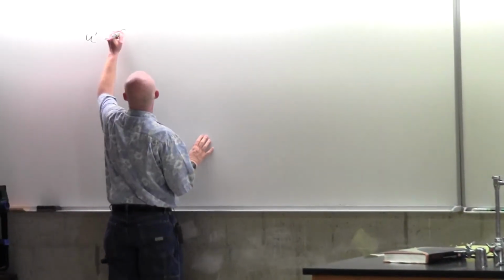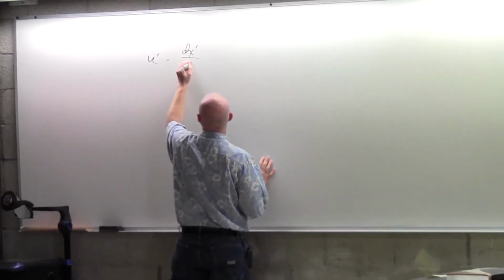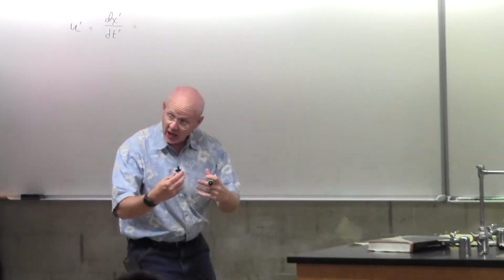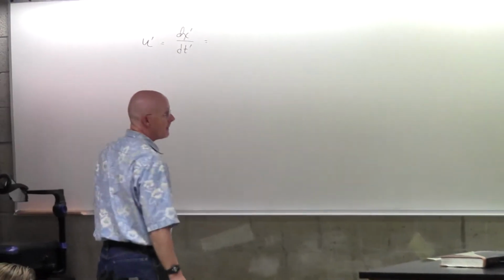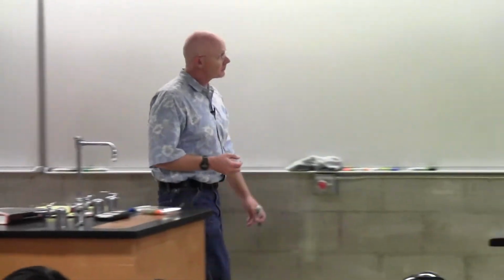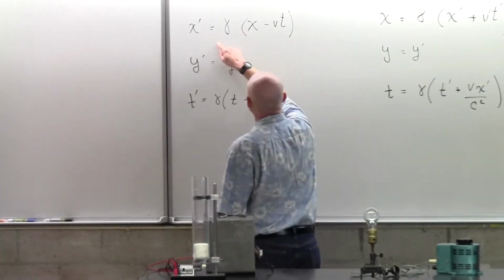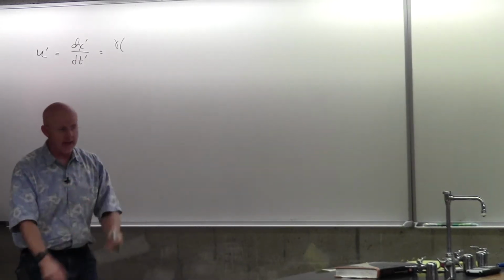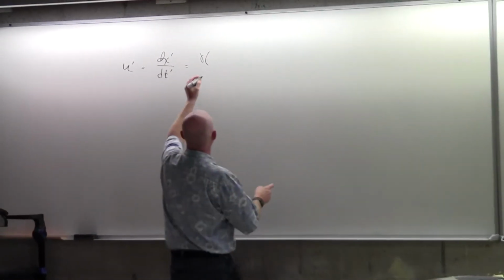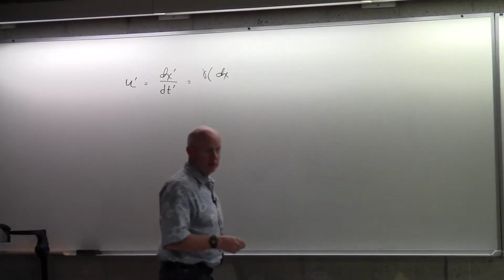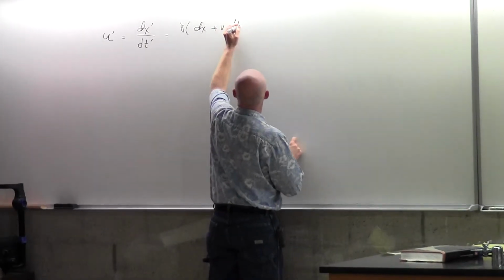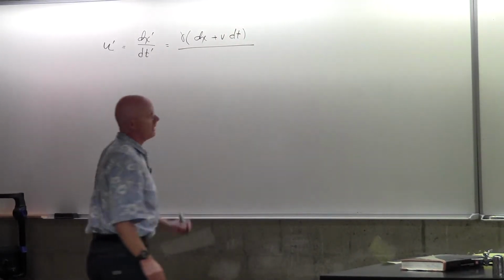And we can write this as the derivative of how the position changes divided by the time changing. And so if we come over here and we say, let's take the differential of the dx. So the gamma doesn't change because that's the speed I am moving. But what would be changing is the position as seen by you of the bird and the time as seen by you.